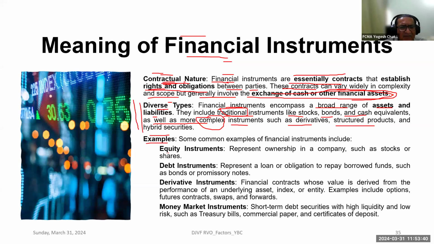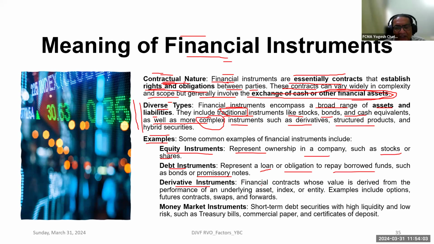These are the examples. Equity instruments represent ownership in a company, like stock or a share. Then we have debt instruments, which represent a loan or obligation to repay borrowed funds, like bonds or a promissory note.